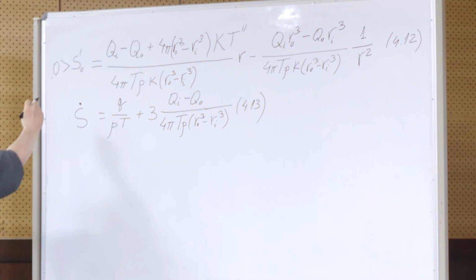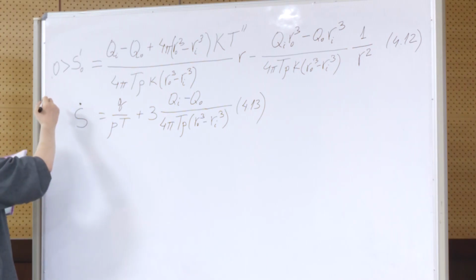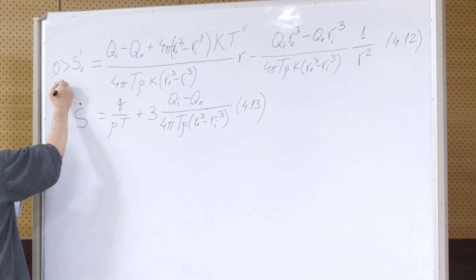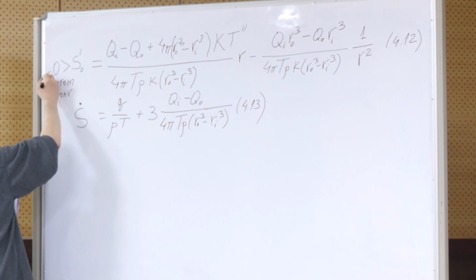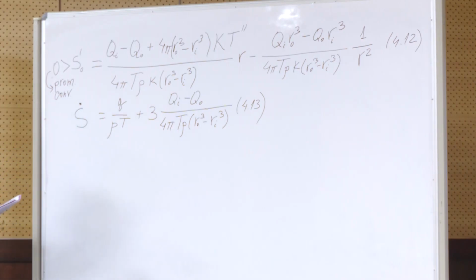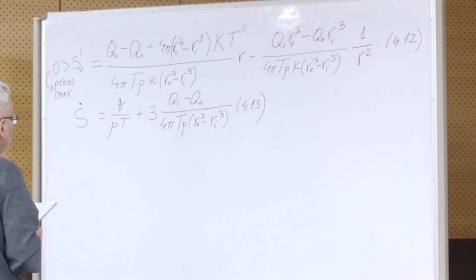So if S prime is smaller than 0, then it promotes convection. And in the opposite case, if it's positive, of course it's acting against convection.